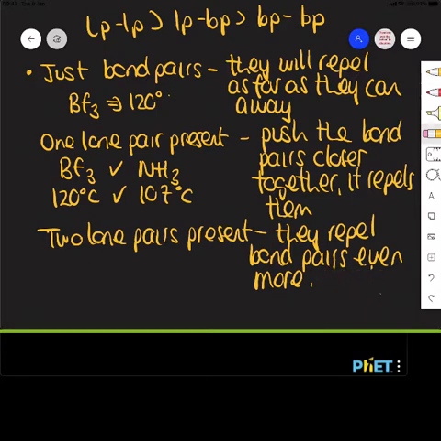So the fact that you have a lone pair there is going to push all of the bond pairs away from it. Your bond angle gets smaller, and two lone pairs repel bond pairs even more, so the bond angle is even smaller.